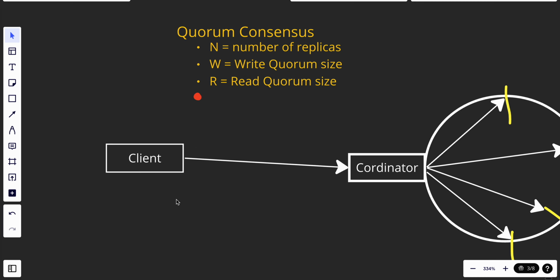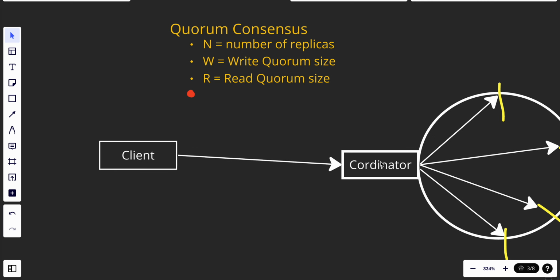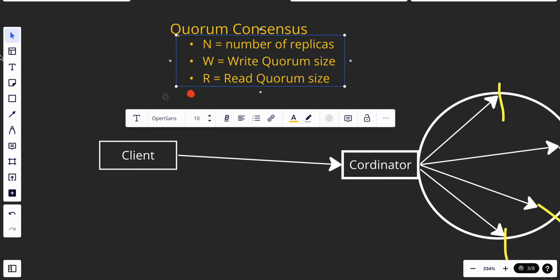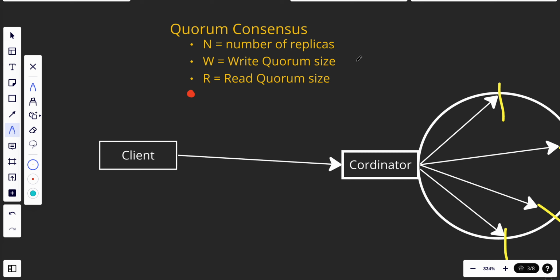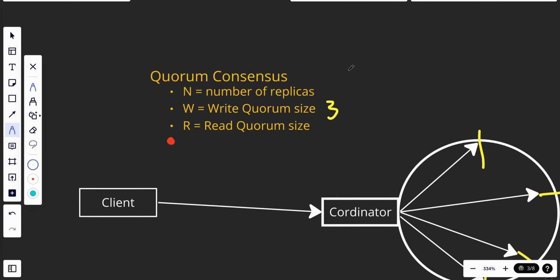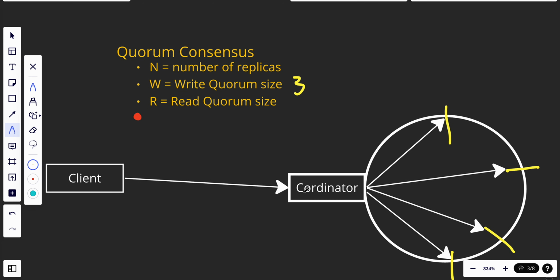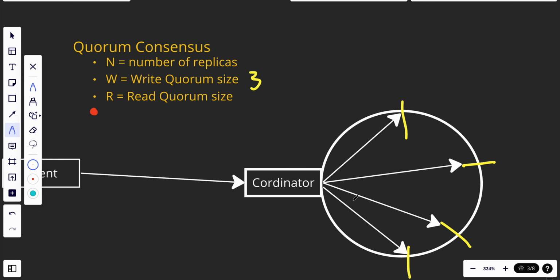So let's just talk about what's going on. Let's say the client is making a write request, and W here equals, for example, 3. The coordinator receives it and knows that the quorum size of the write is 3.